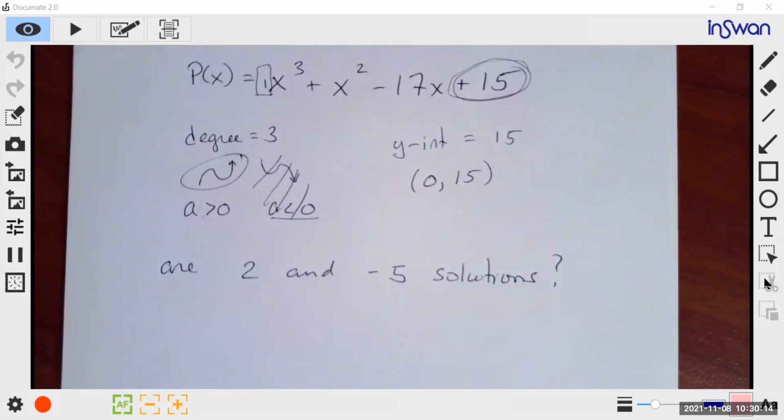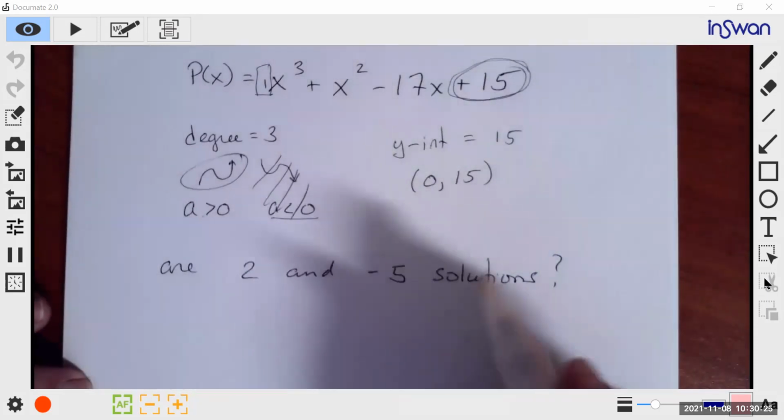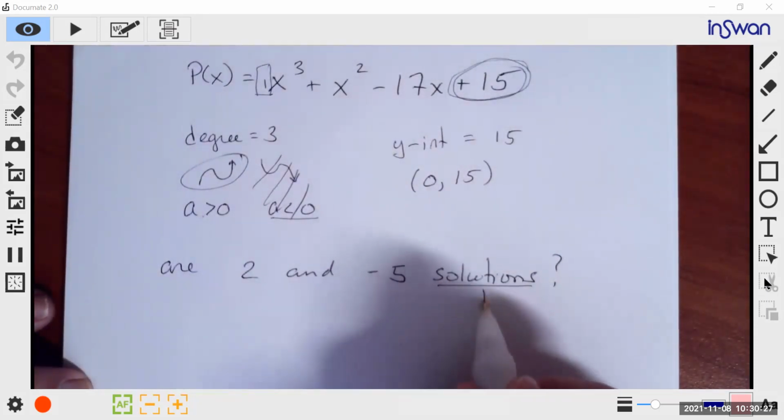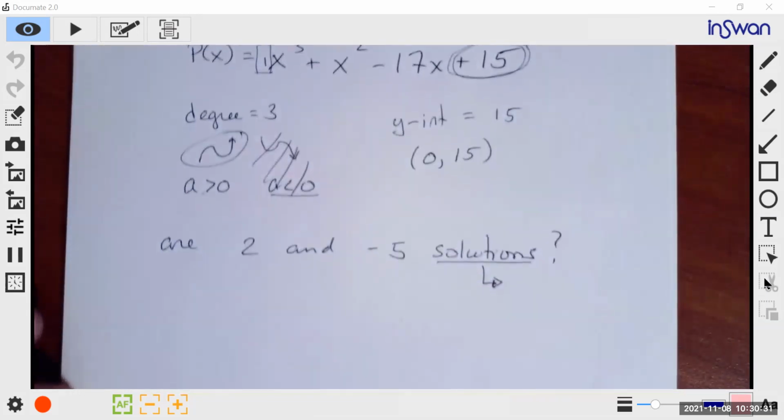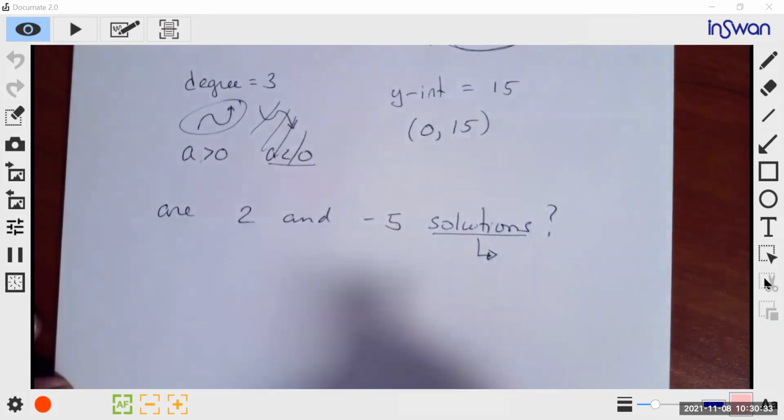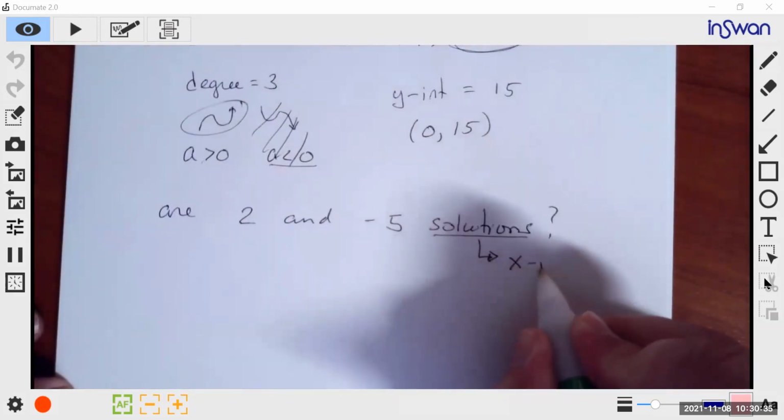Okay, plug them in. If they're solutions, what should happen? What's another name for solutions? Yep, x-intercepts.